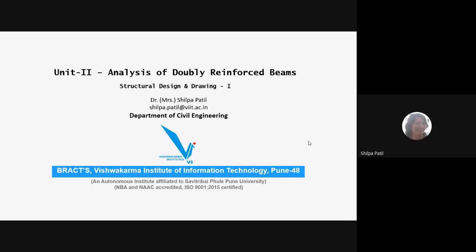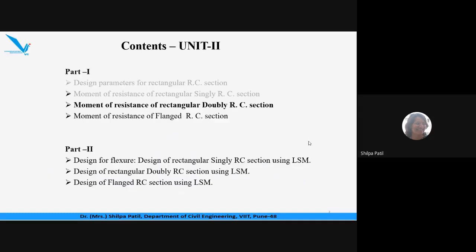Okay. Yesterday we started with the analysis of doubly reinforced beams. We saw how doubly reinforced sections are defined and in which situations we need to design the beam as a doubly reinforced section.